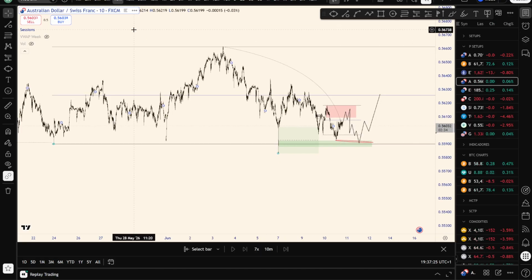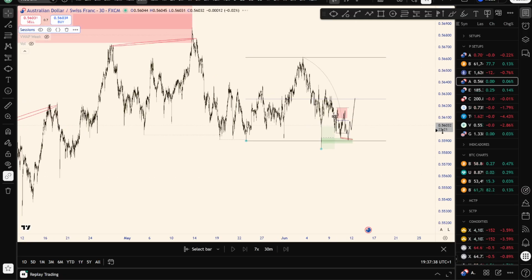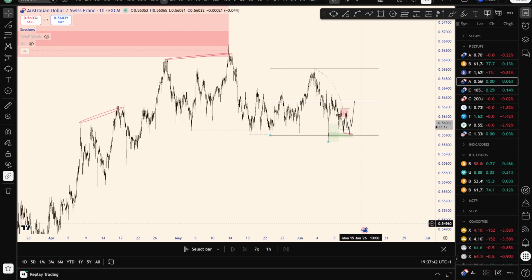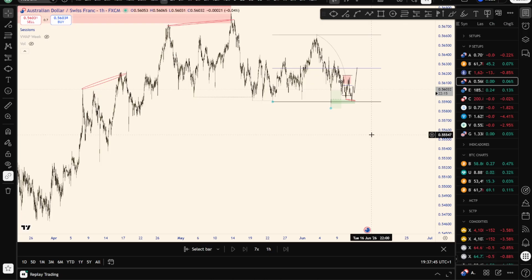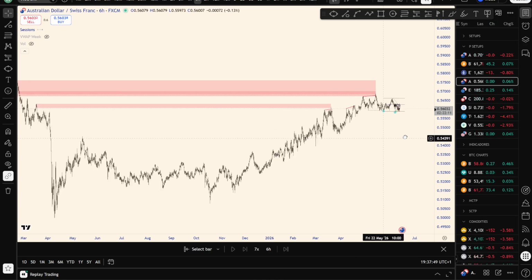Price will tell. So we have Asia liquidity here, and price could also break market structure and go down. We have lots and lots of liquidity down there.